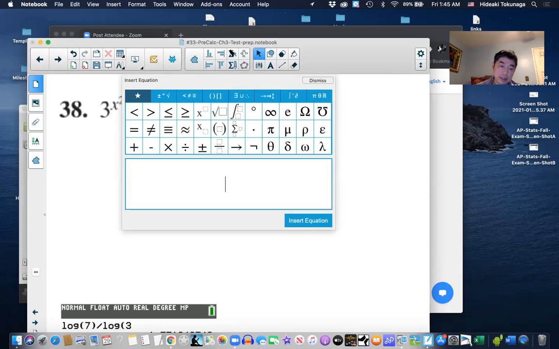So log base 10, so 3 to the x squared power, equal to 7 to the 6 minus x.